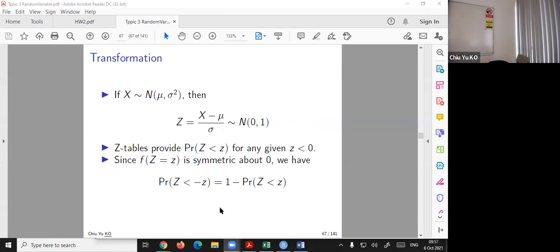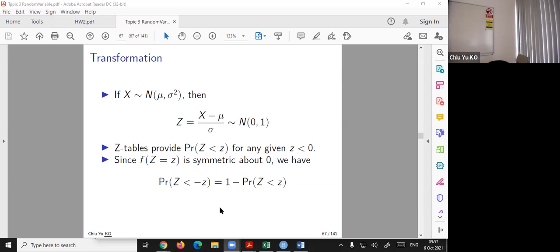You can prove it, but it's not our goal to prove it. I'm just telling you this is true. You take a random variable, subtract its mean mu, divide by sigma, and this is called the standardized normal.